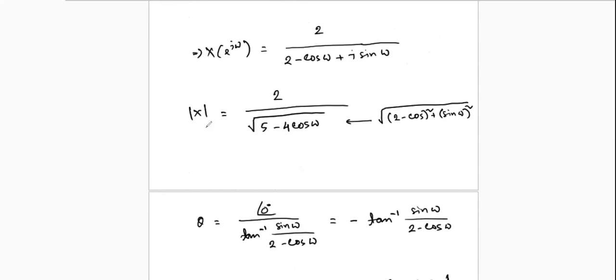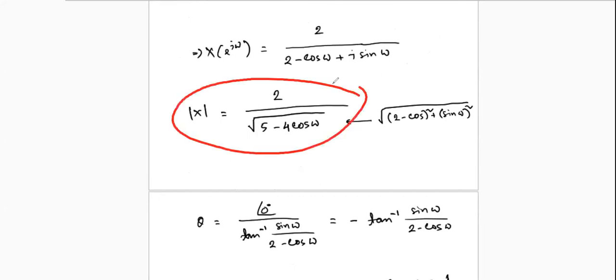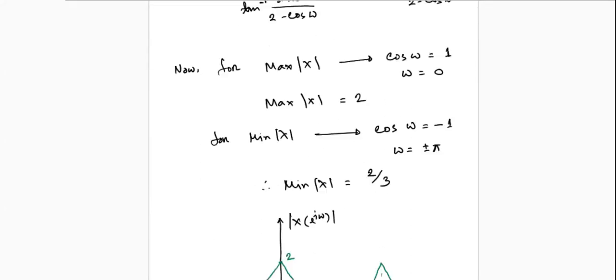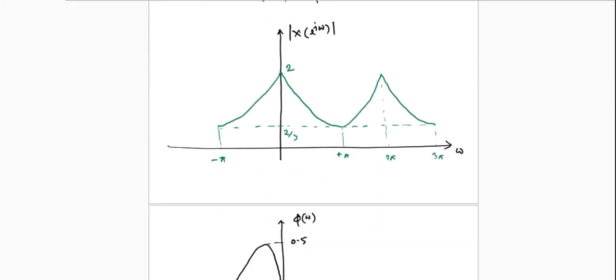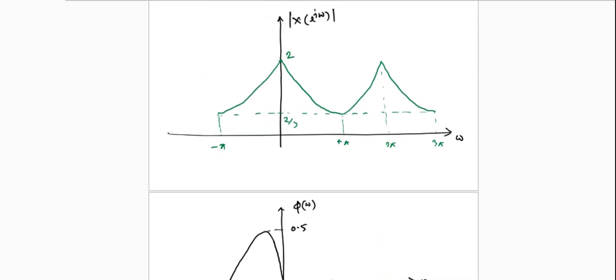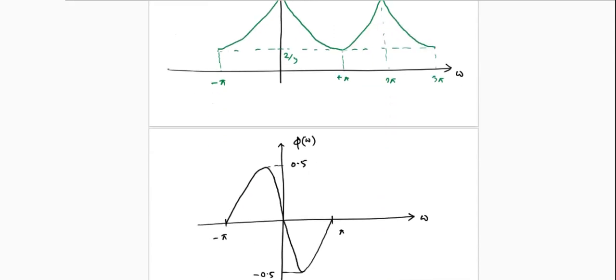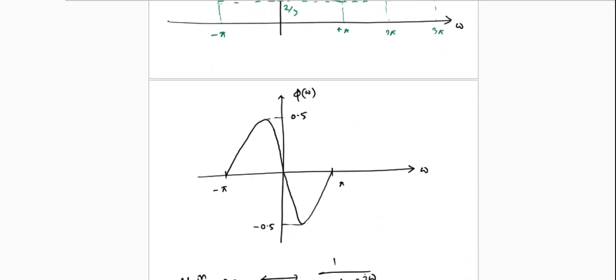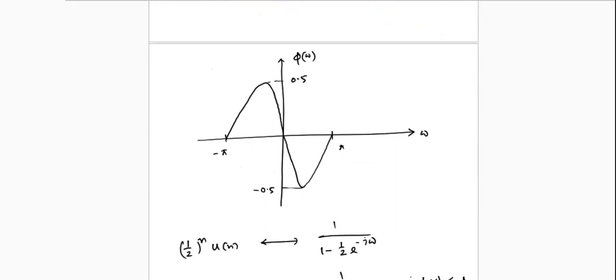From these two equations, you can draw the magnitude spectrum and the phase spectrum, and we have done it. From the magnitude spectrum, which is very important for us, we can understand the pattern of the filter from the power spectrum of the system. In future, we'll find that the phase plot is also very necessary to design a filter.